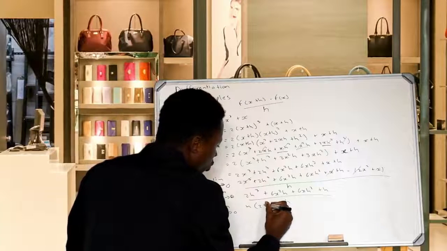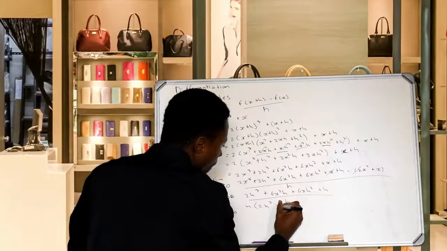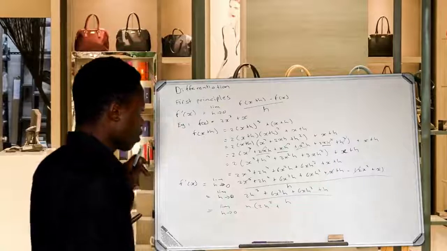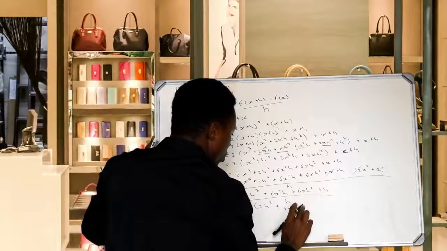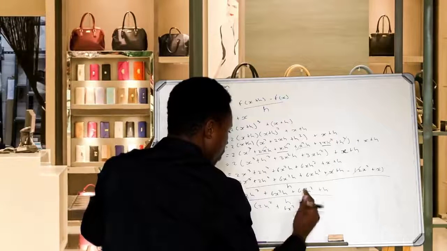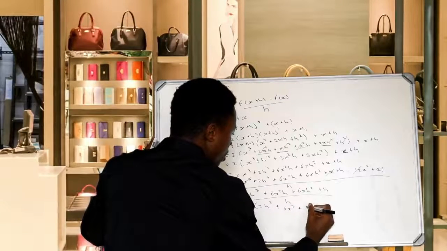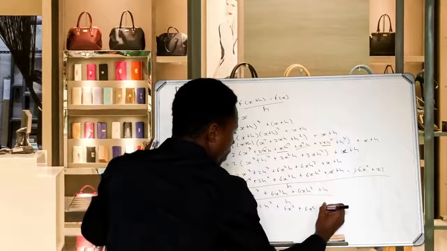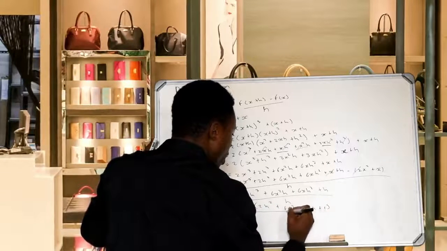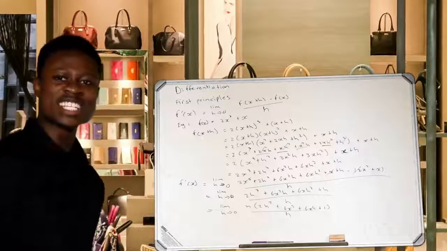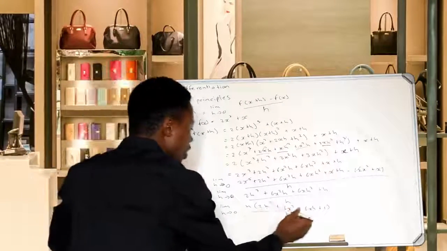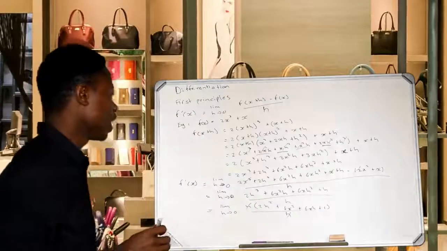So this will be 2h squared plus 6x squared h plus 6xh plus 1, all over h. So now look at this. That looks beautiful, doesn't it? Why? Because I can cross out this h and that h. And what am I left with?